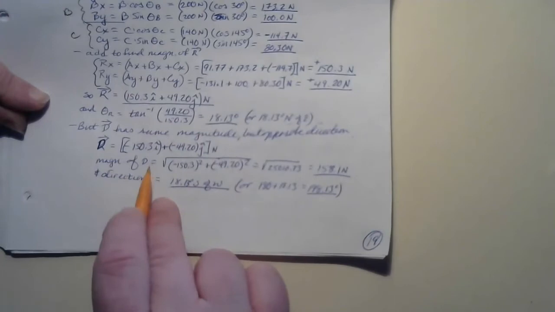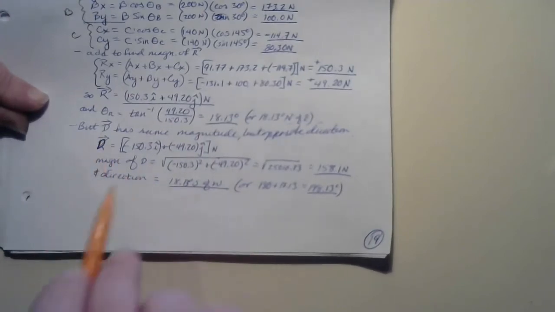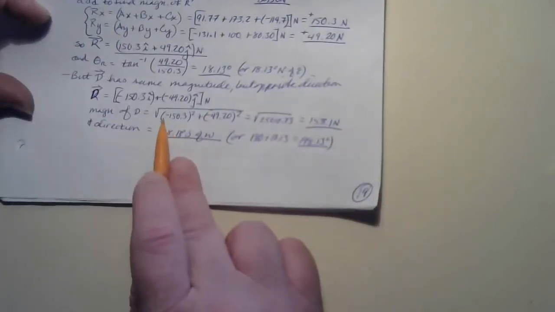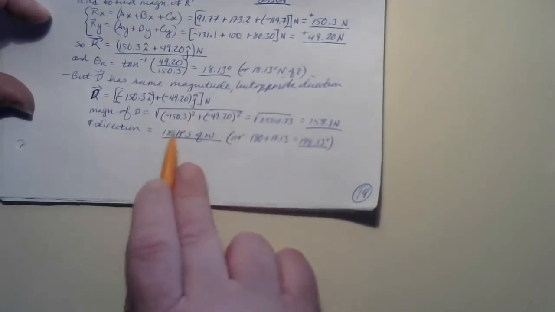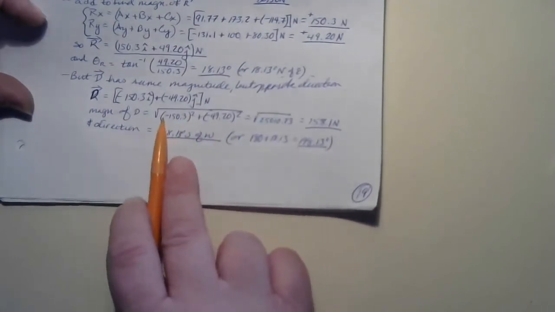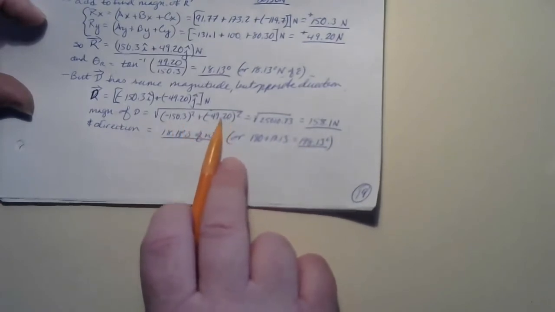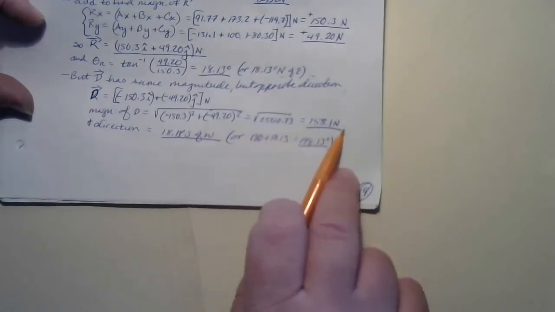The magnitude of the vector, that is, in other words, the force with which dog D is pulling, would be the square root of the x component squared plus the y component squared. So that's square root of minus 150.3 squared plus negative 49.20 squared, which is 158.1 newtons.